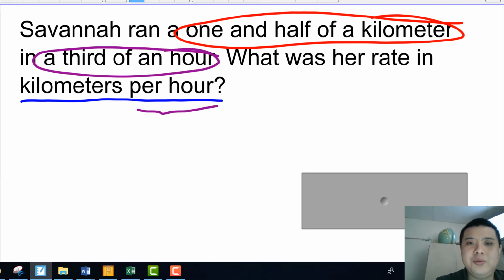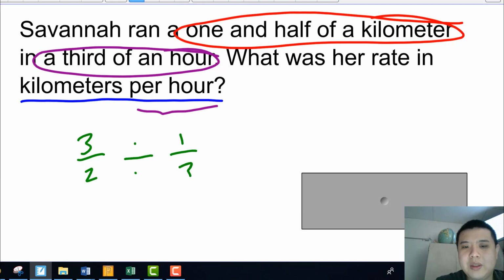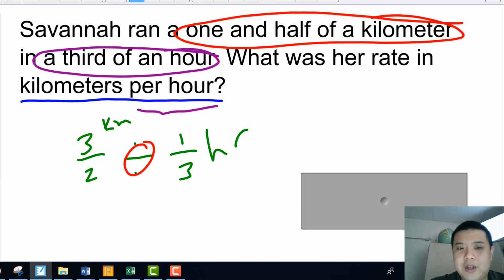So we're going to do 1.5, which is 3 over 2, divided by 1/3. This is kilometers per hour. So in order to do division with fractions, we do keep, change, flip, which means 3/2 times 3 over 1.